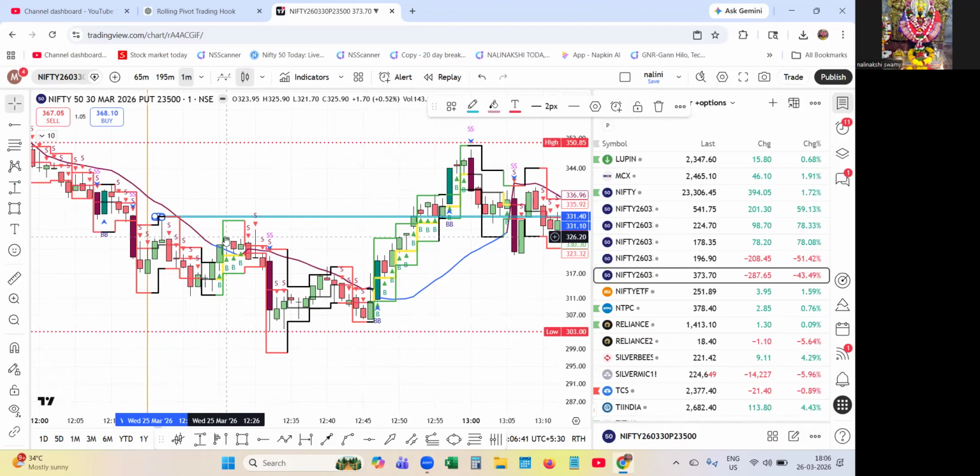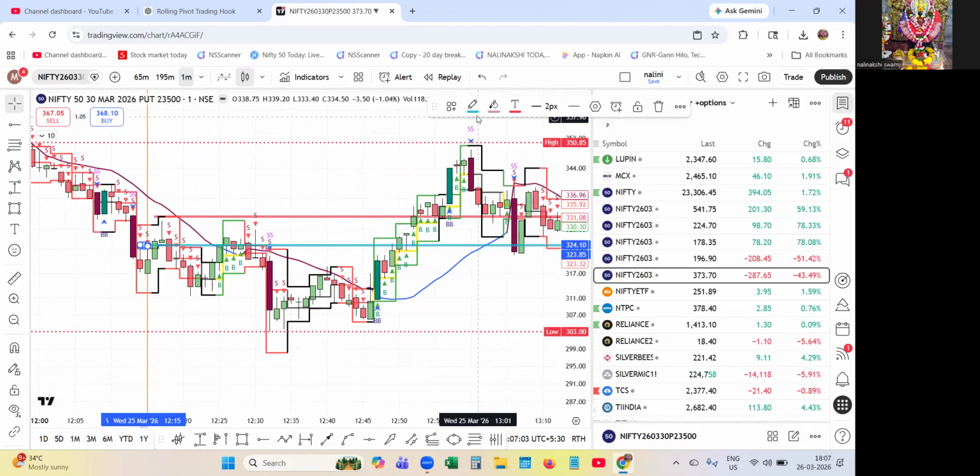This is the pivot, resistance. This is the pivot. So we need to change the color, friends. Why? Because they are red. It is in downtrend. So let me change it to red.